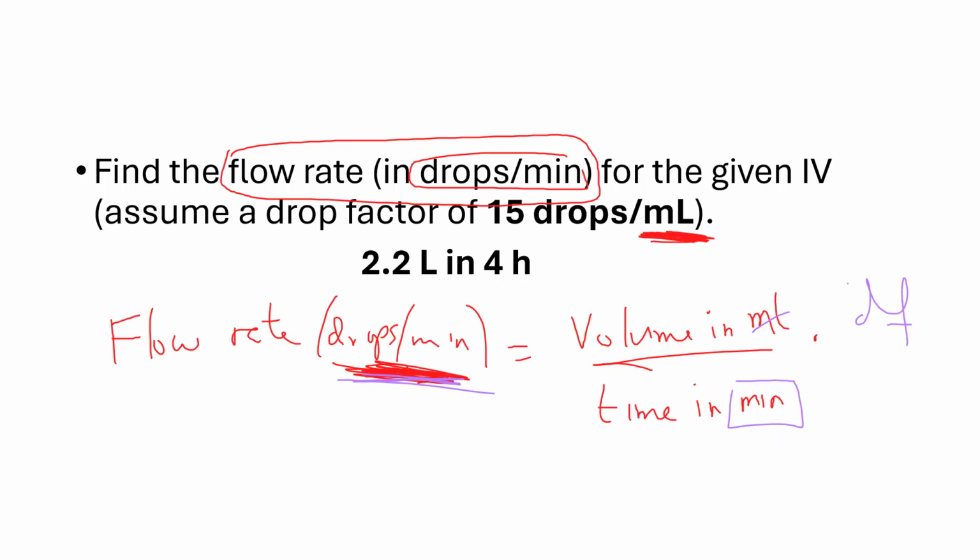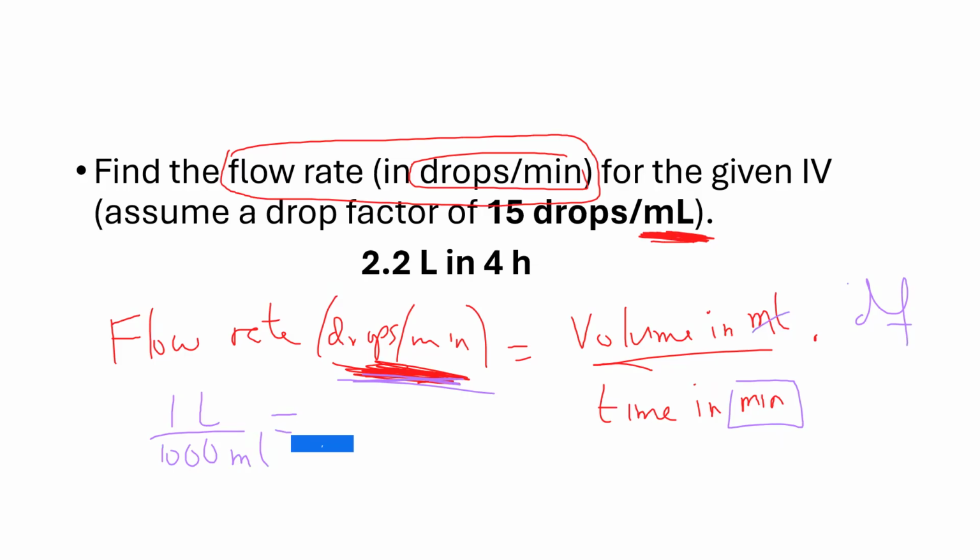Now, you should know that 1 liter is 1,000 ml. So if I have 2 liters, it's 2,000. I'm multiplying by 1,000. I have 2.2 liters, I multiply by 1,000. That gives me 2,200.